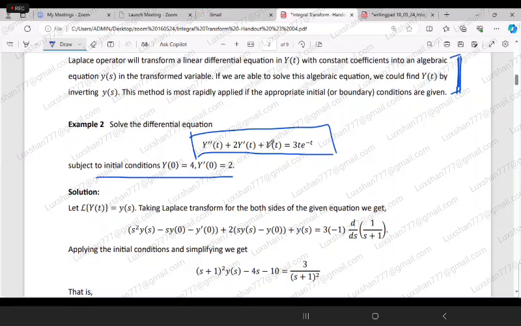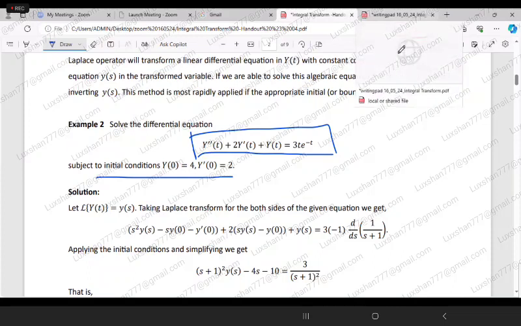We are going to solve this ordinary differential equation with initial condition. If it is a second order differential equation, then y0 and y dash 0 should be given. Otherwise, we cannot solve this equation using Laplace transform.